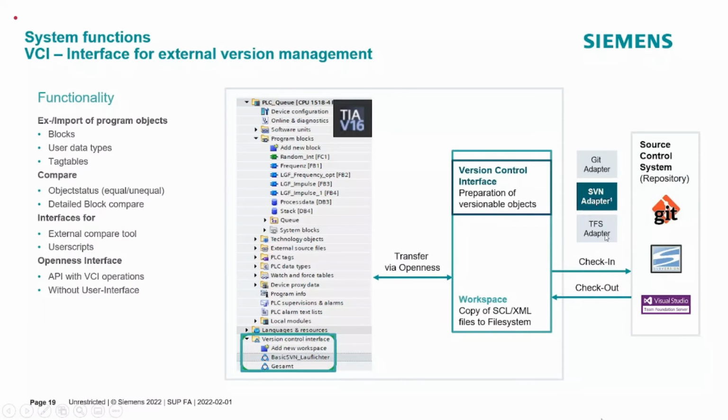In this demo we are using GitHub as a third-party repository system to store the data centrally. We can also store it on the local machine, which we will see in the demo. All these files will be generated in XML or SCM.